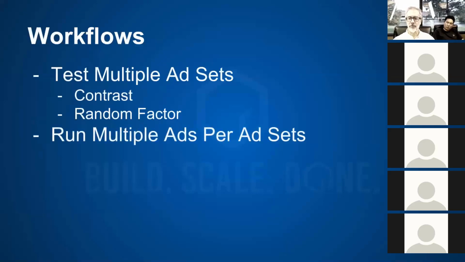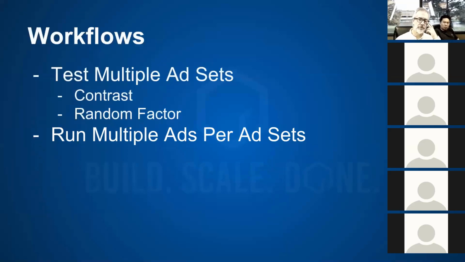So run multiple ads per ad set. That's for a different reason, because there you're tapping into an untapped optimization function of Facebook, right? If you don't use that, you're basically missing out on Facebook helping you out in finding which of two things you might want to test is going to be the winner.